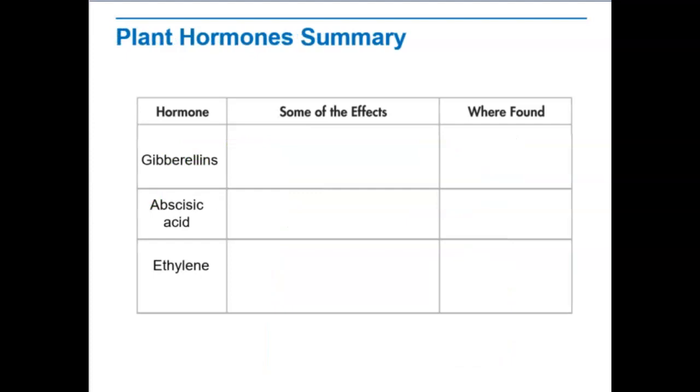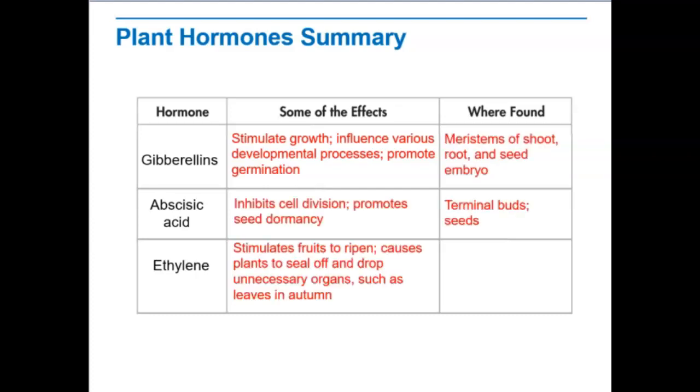So, plant hormone summary. Here are some of the hormones, their effects, and where they are found. I would not worry too much about memorizing this, but just read over it. If you look here, the gibberellins stimulate growth. They're found in the meristems, root, and seed, which is where growth would be happening.